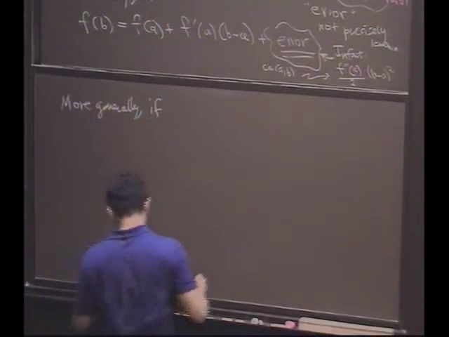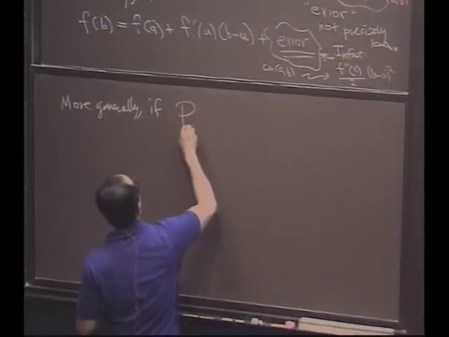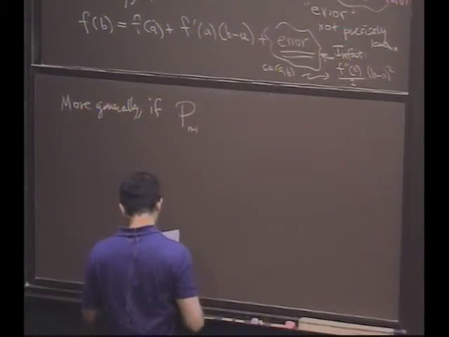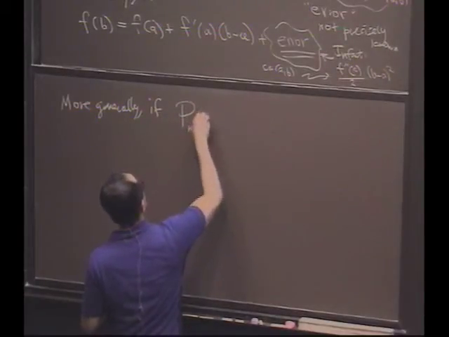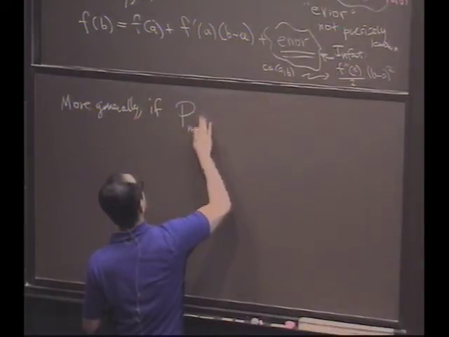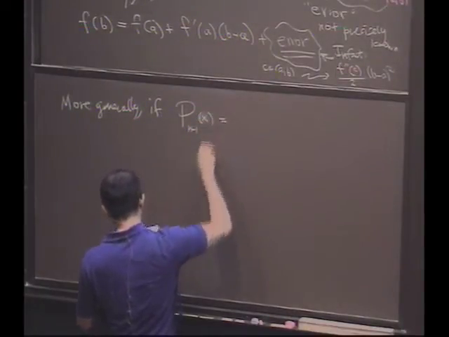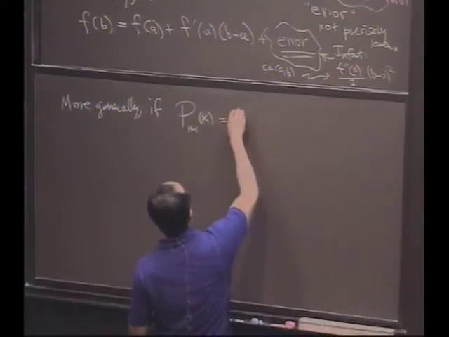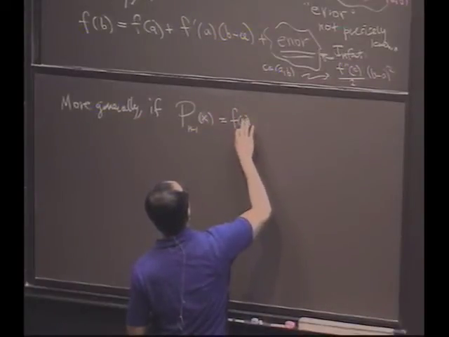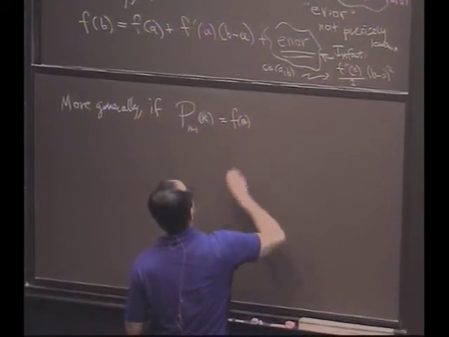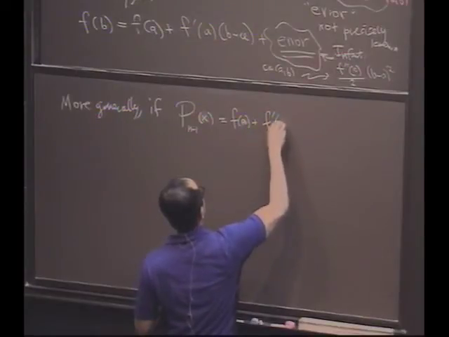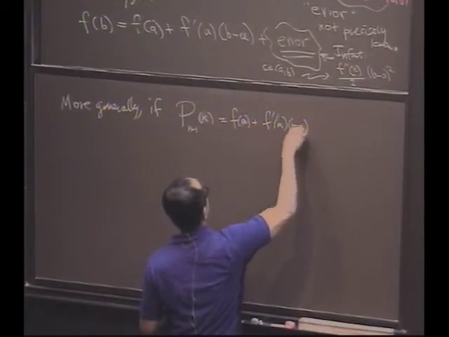Taylor's theorem goes into. So suppose I define a polynomial I'll call p sub n minus 1. It's a polynomial in x, and its first term is f of a. Its second term is f prime at a times x minus a.